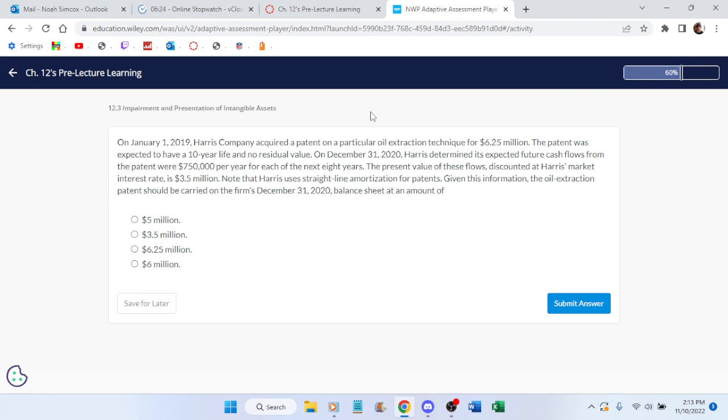One year later, it's gonna be minus 0.625.